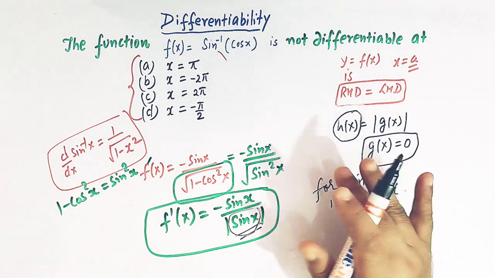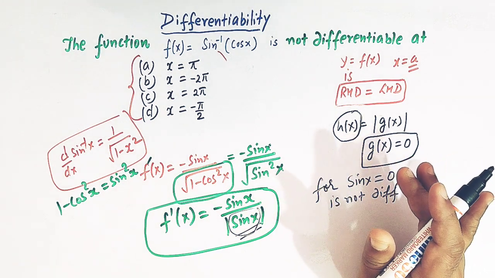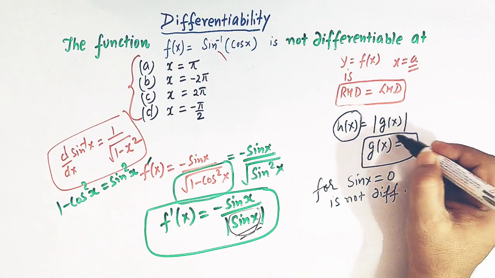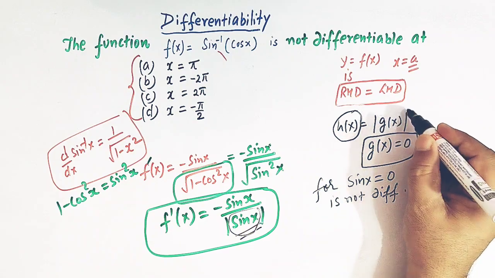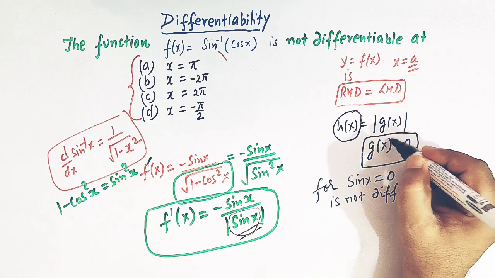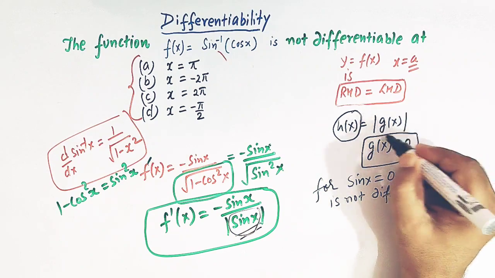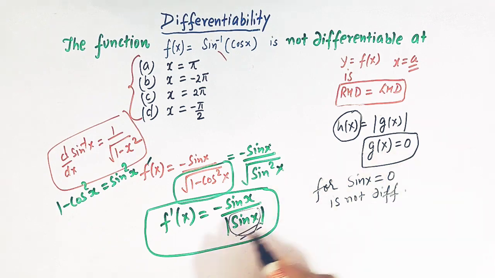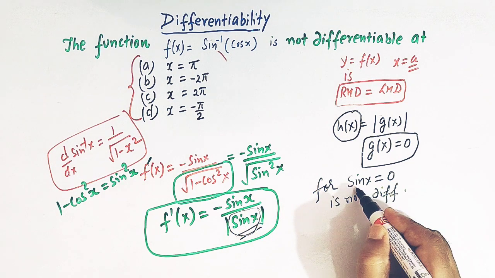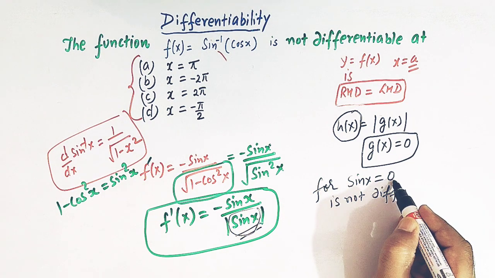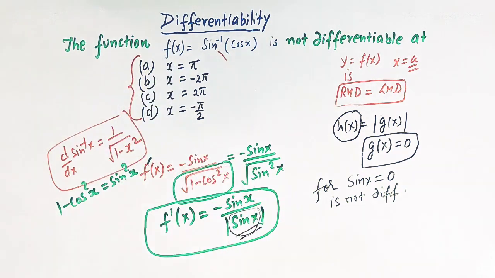From theory of functions, we know that mod of g x is not differentiable for those values of x for which g x is equal to 0. Here inside the mod symbol we have sine x, so for sine x equal to 0, this function f of x is not differentiable.